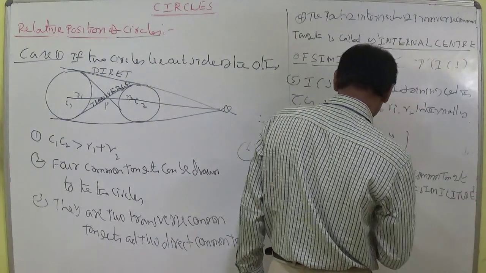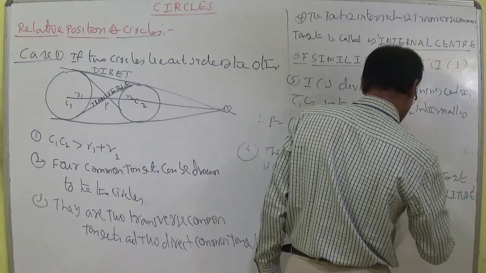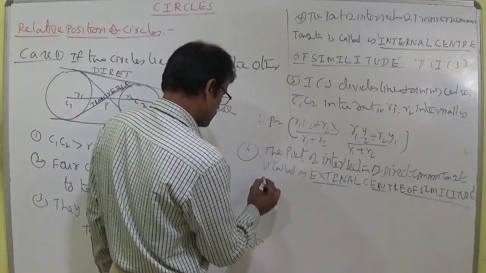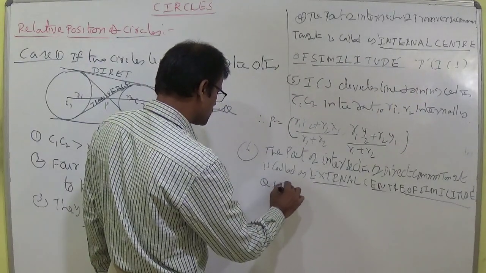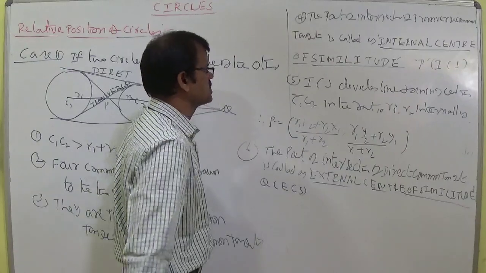External center of similitude Q. Within brackets, its general notation is ECS.